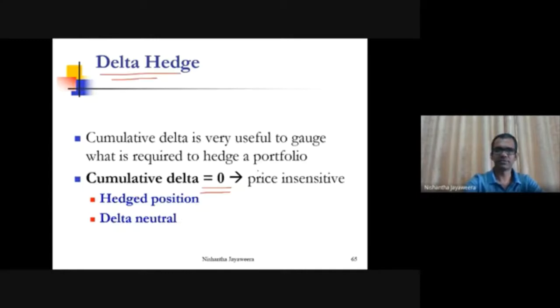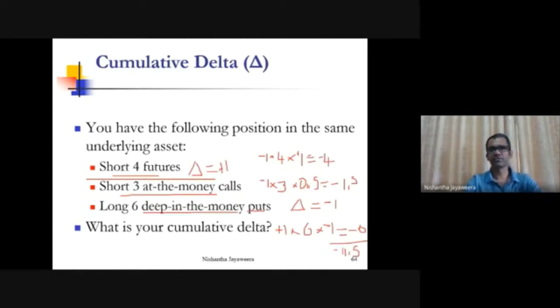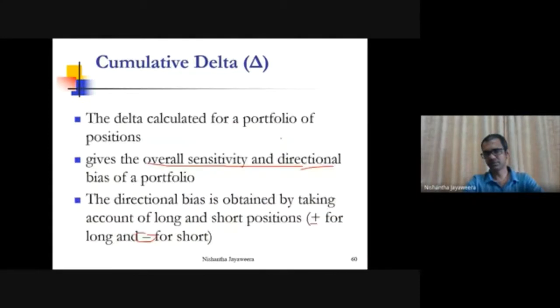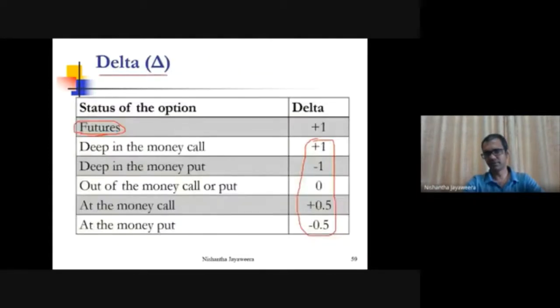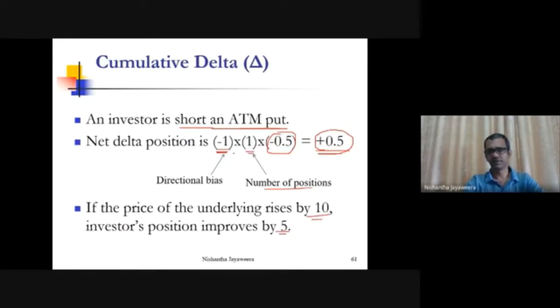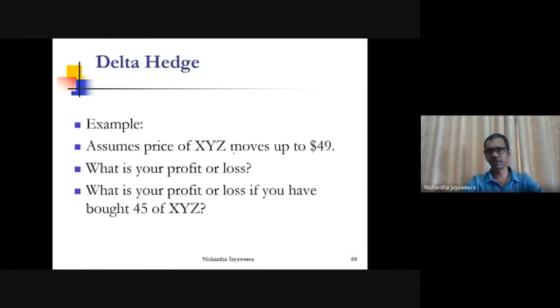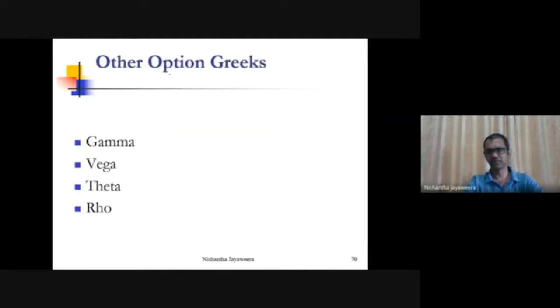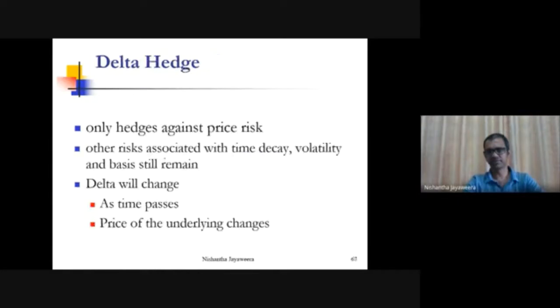However, I think we should not discuss these things. We'll stop here. I just wanted to give you an idea about delta in options. If time permits, we'll discuss other option Greeks: gamma, vega, theta, and rho.